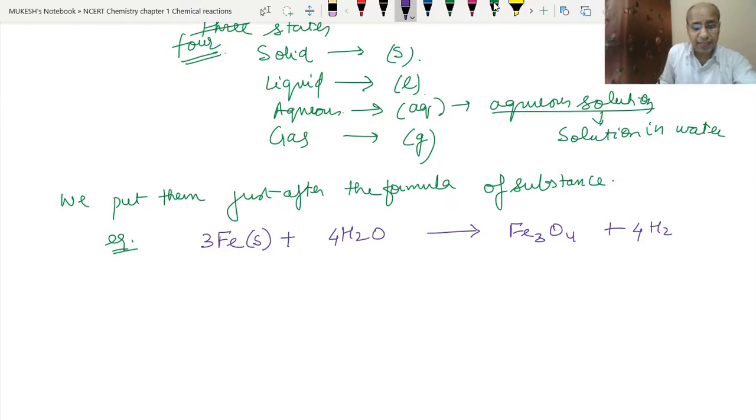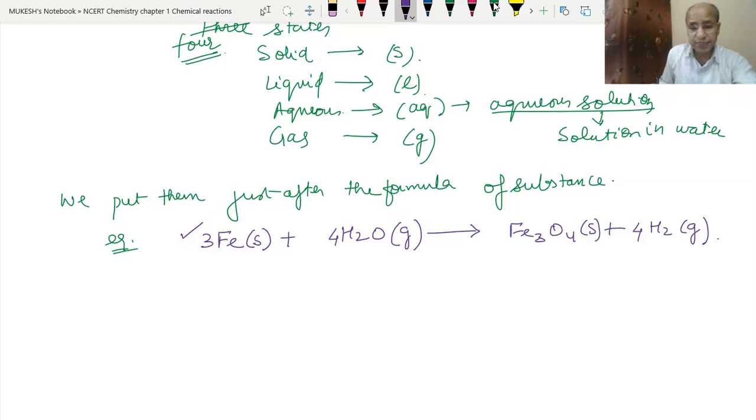Water was used in the steam form, and steam is a gas, so we write G. Fe3O4 is formed in solid form, and hydrogen is formed in gaseous form. This is one example of these kinds of symbols.